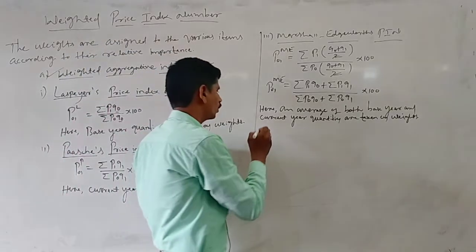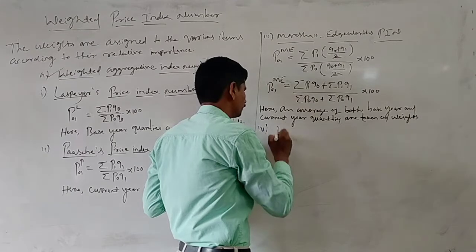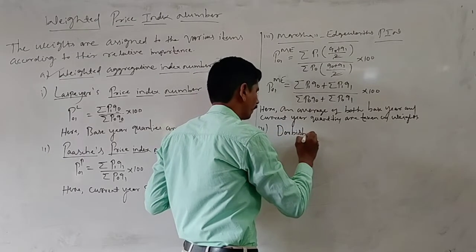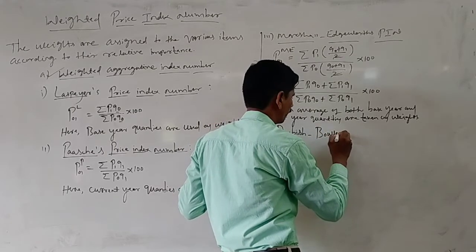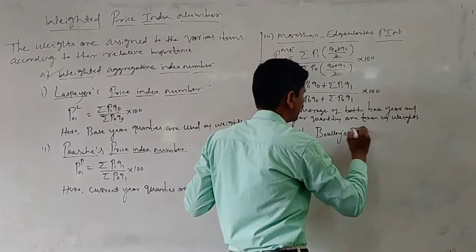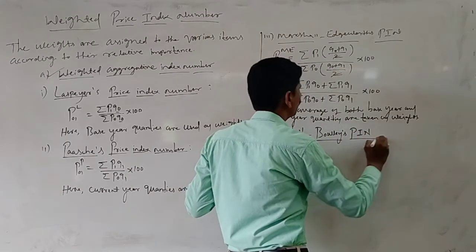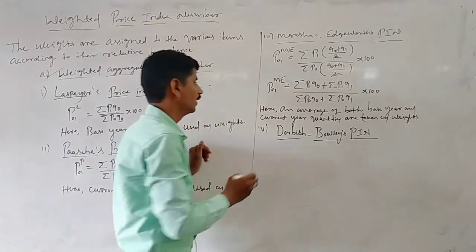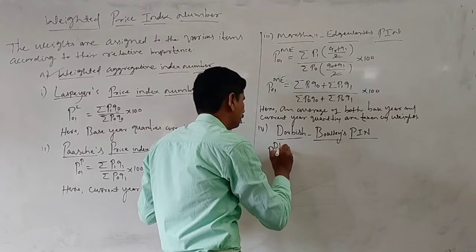The next, fourth one, is the Dorbish-Bowley price index number. The Dorbish-Bowley price index number is denoted by P01 DB.